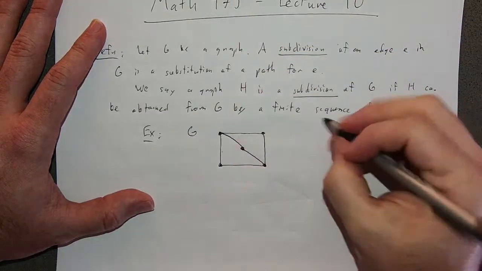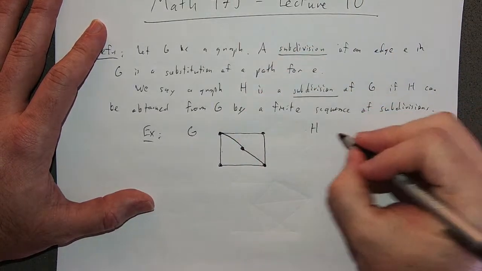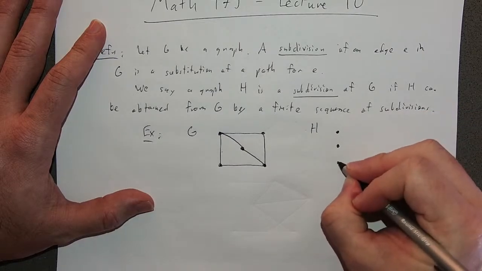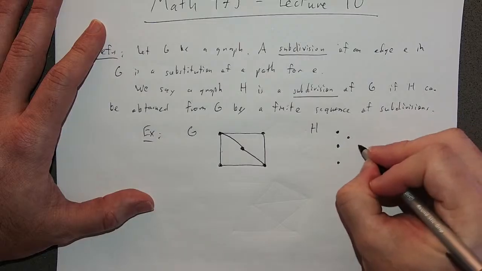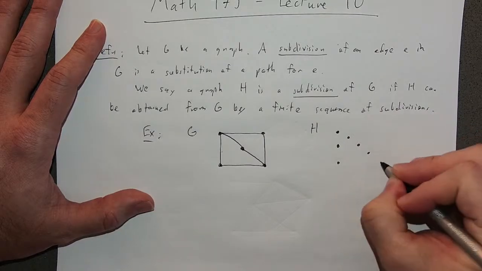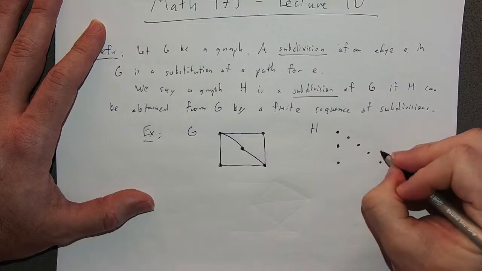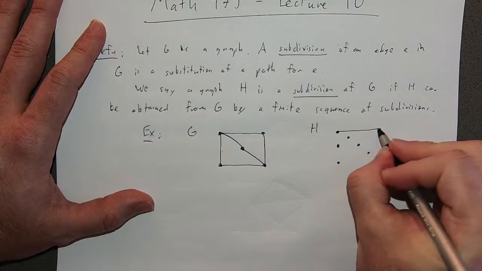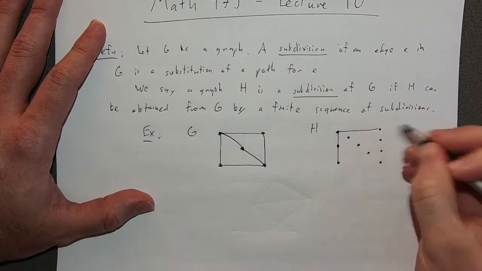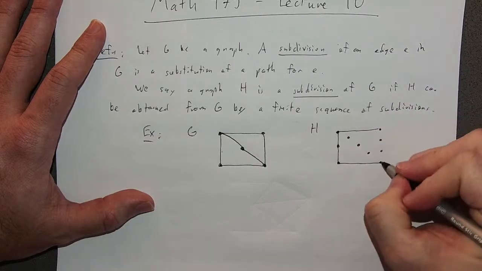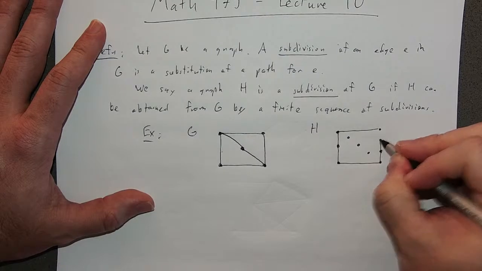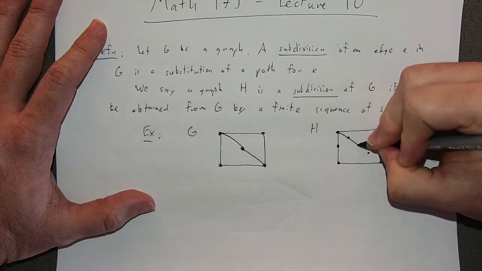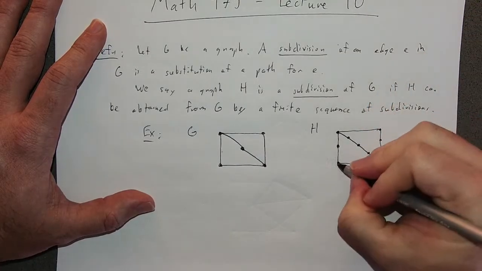Okay, here's my graph G. Here would be a subdivision of G. There.